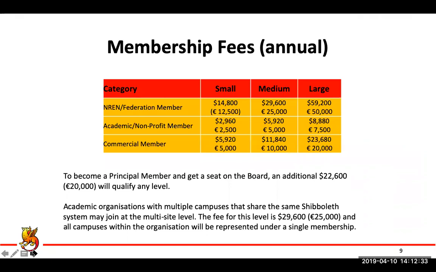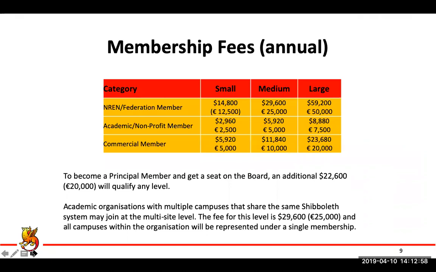We've also recently introduced a new tier of membership aimed at institutions with multiple campuses that share a Shibboleth system. So this is our multi-site level. Again, it's a significantly higher fee than an individual campus joining. And this is really aimed at institutions that have more than 5 campuses.